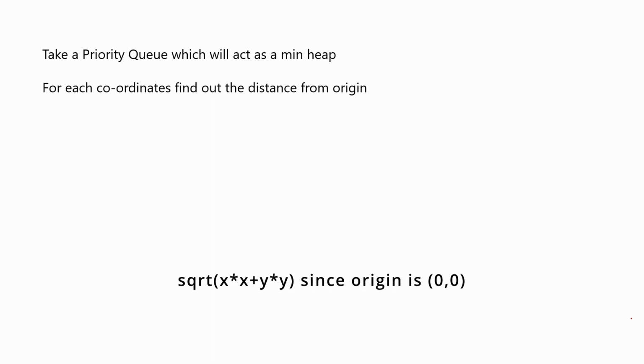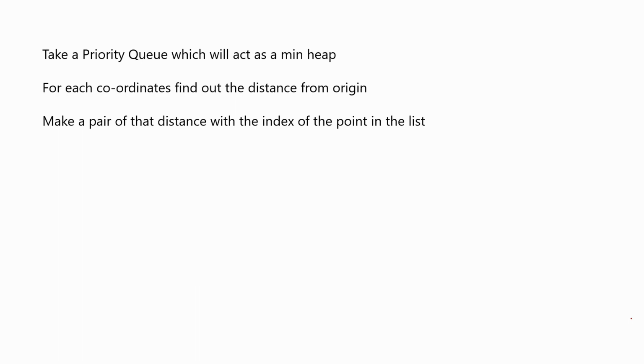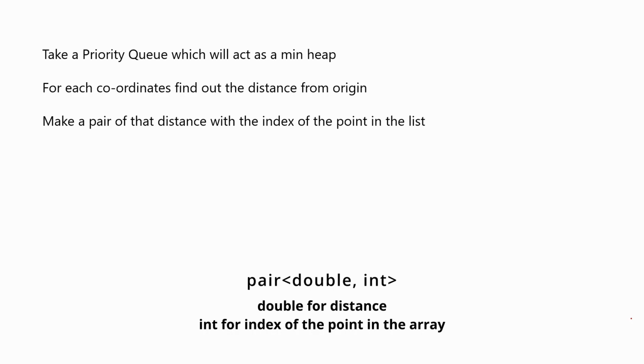Then from the list of the coordinates, for each point, we'll find the Euclidean distance. And our priority queue will be a priority queue of type pair. Pair means we'll take two things together. Here one will be the distance, and the other will be the index of the point in that array.